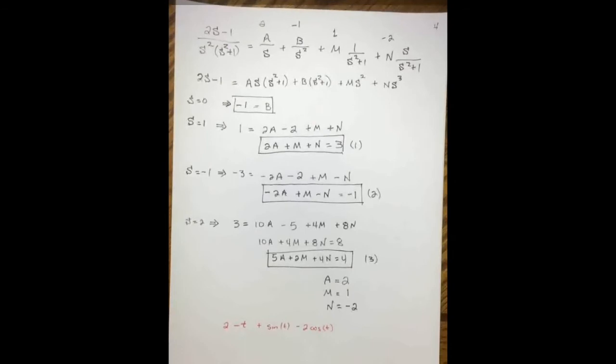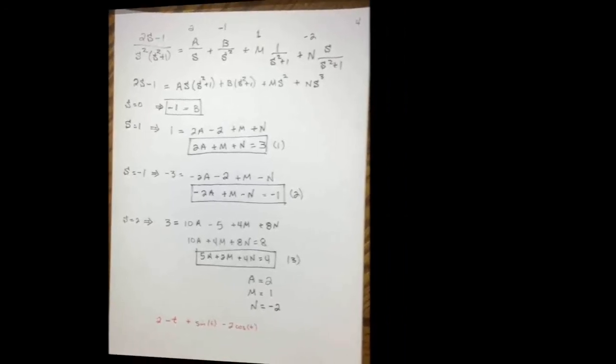Those are the terms I would get. And just like the last problem, we're going to take this and step it. We have an e to the minus 10s. That's going to be a step, u of t minus 10, minus then the same expression, stepped, u of t minus 20. Okay? So let me get that stepped up.